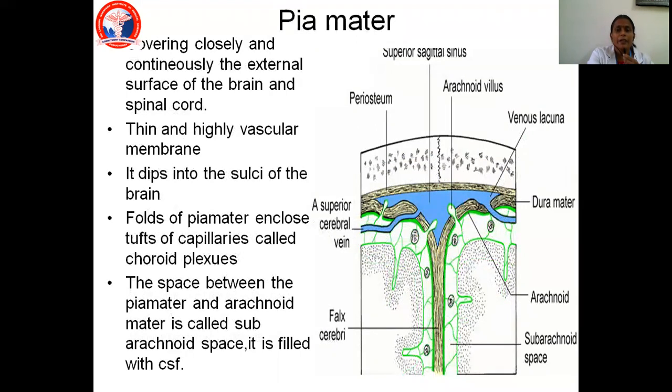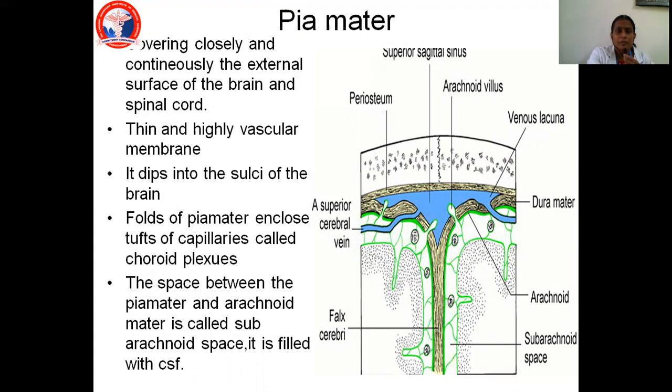The folds of pia mater enclose tufts of capillaries called choroid plexuses. These choroid plexuses secrete the cerebrospinal fluid. The space between the pia mater and the middle arachnoid mater is called the subarachnoid space. This space is filled with cerebrospinal fluid.